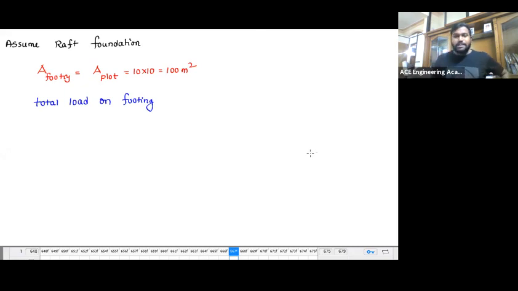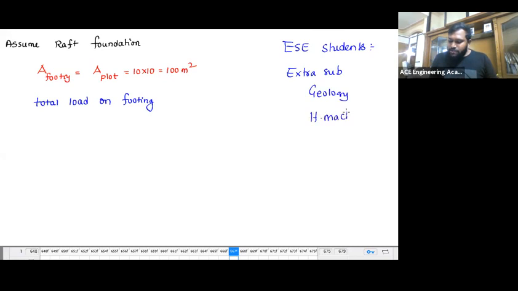The second one is for the ESE students. For the ESE students, this is not for the GATE students. For the ESE students, whatever the extra syllabus is there apart from the GATE, I mean extra subjects like geology, hydraulic machines, and there is like railways.